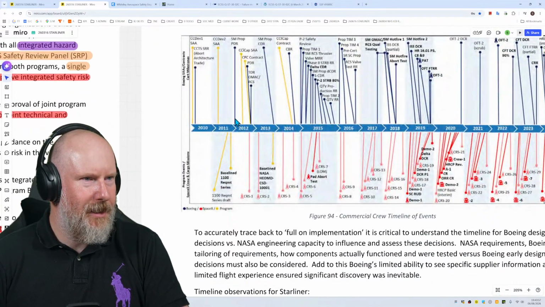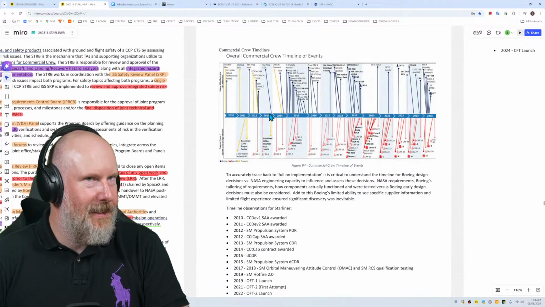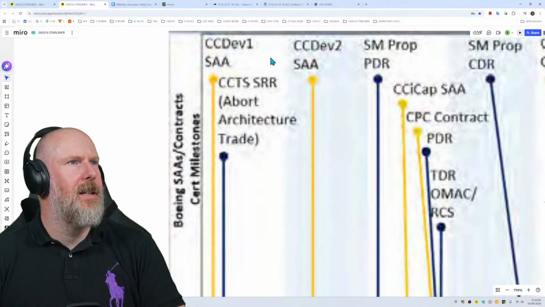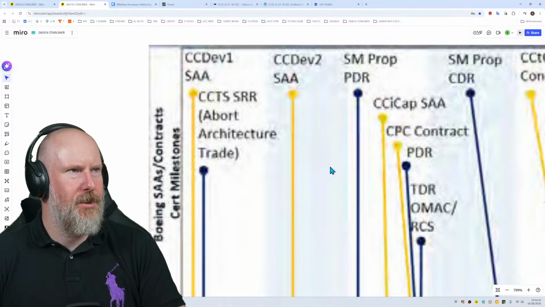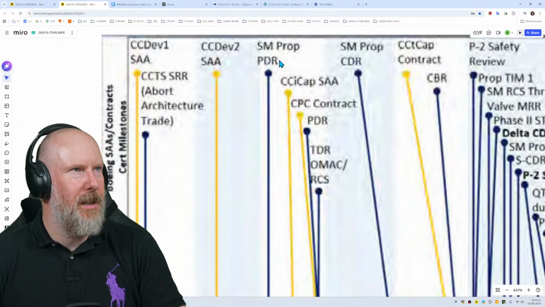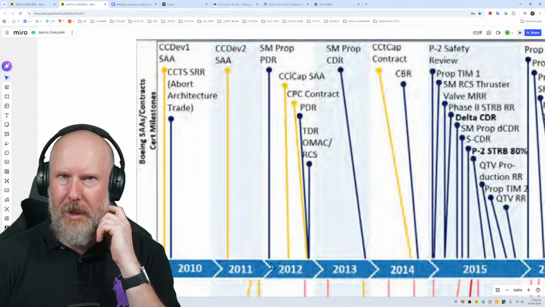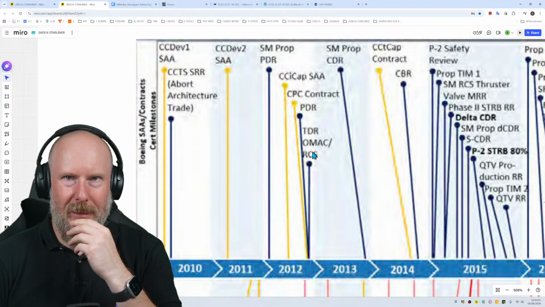So do I really need to go through this in all this detail? Let's just have a quick flick through. So we've got, okay, abort architecture trade, PDR, service module propulsion, PDR 2011-2012. Then we've got another PDR.